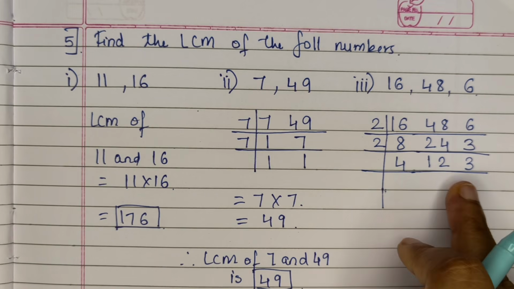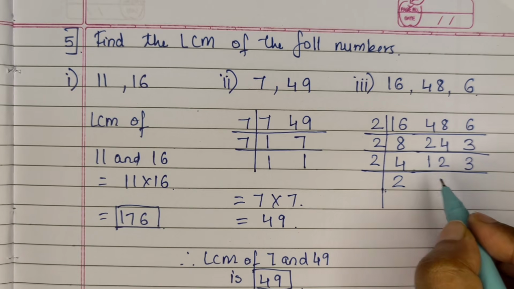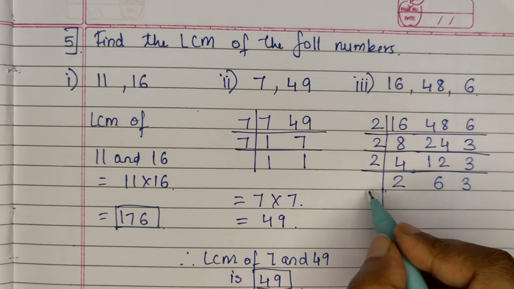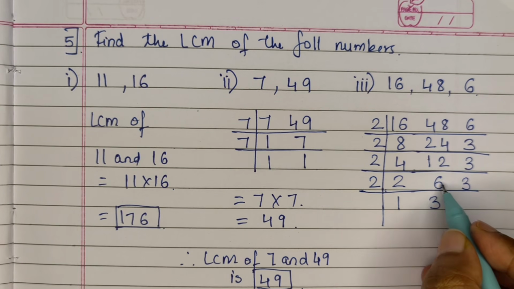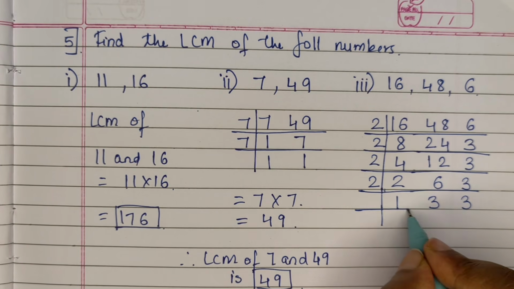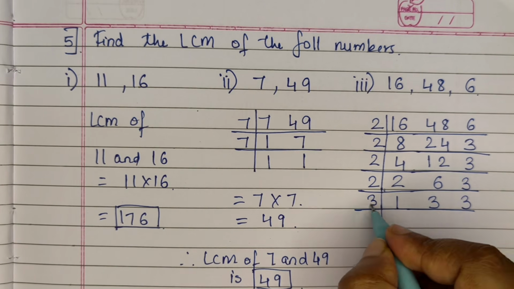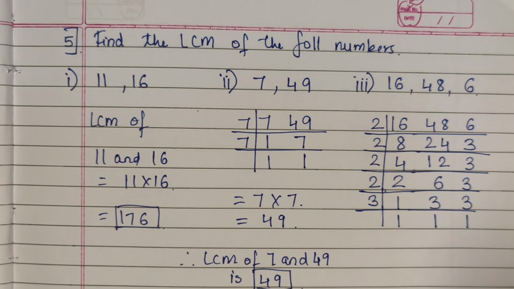Now see all the three numbers. Again we can take 2. 2 2s are 4, 2 6s are 12 and bring this 3 down. Again we will take 2. 2 1s are 2, 2 3s are 6 and bring this 3 down. Now 3 and 3 over here, that means we can take 3 times table. 3 1s are 3, 3 1s are 3 and bring this 1 down.